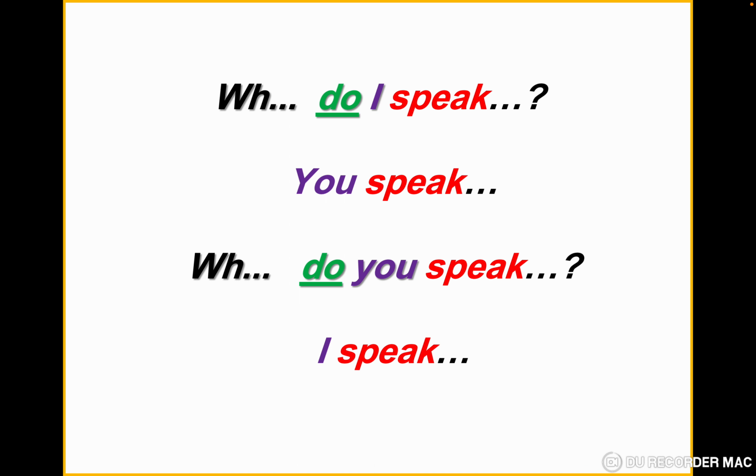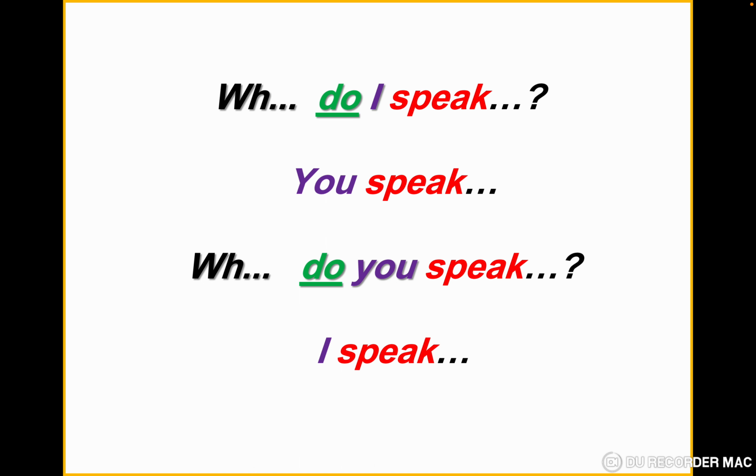No, why do I speak? So always when we have WH words, don't forget do. The students focus and concentrate on what or how, and they forget do. So don't forget do.